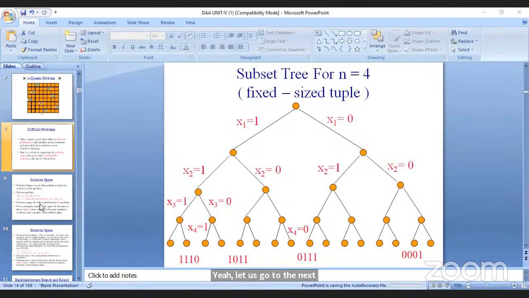Coming to, you are having the sum of subsets problem. This is one, the sum of subsets problem. Fine.